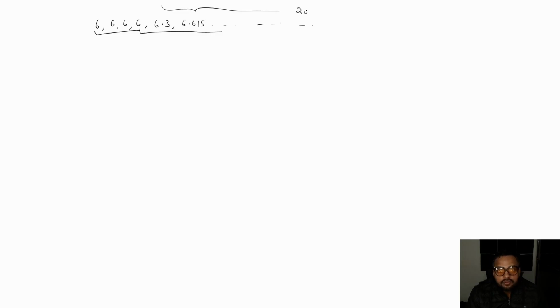Now, from the fifth kilometer onwards, how many terms will be left? Meaning how many kilometers will be left. For this, the number of terms will be given by 20 minus the part already covered, so we write it as 20 minus (5 plus 1), that is equal to 16.